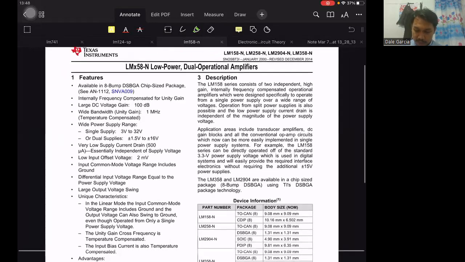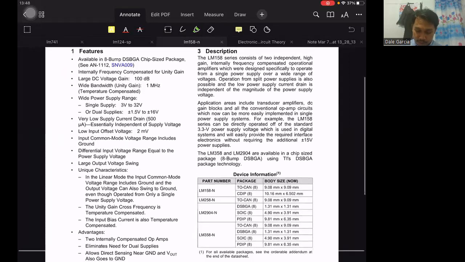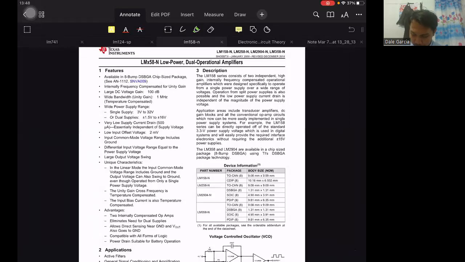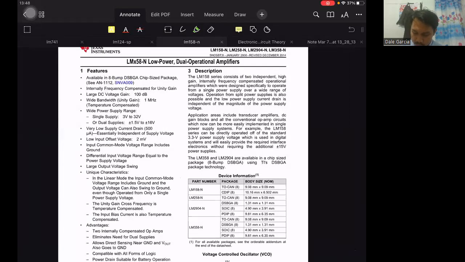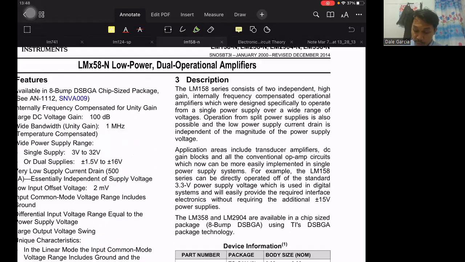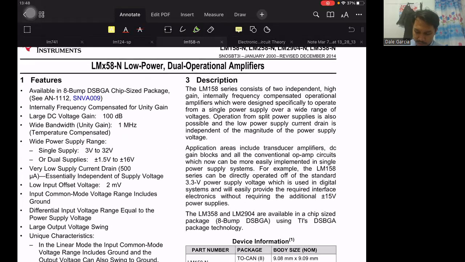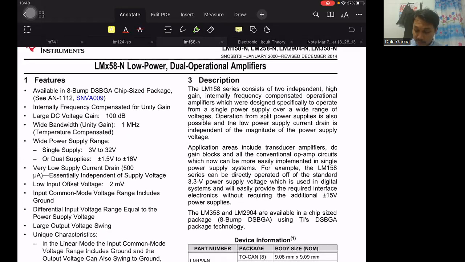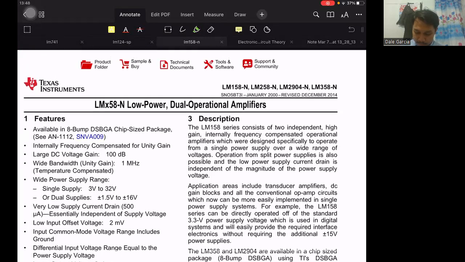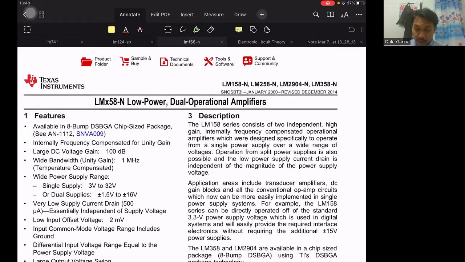They probably differ only in their range of frequencies. This op-amp consists of 2 independent high-gain internally frequency compensated op-amps. So it is not general purpose, but it can most probably handle a wider range of frequencies.